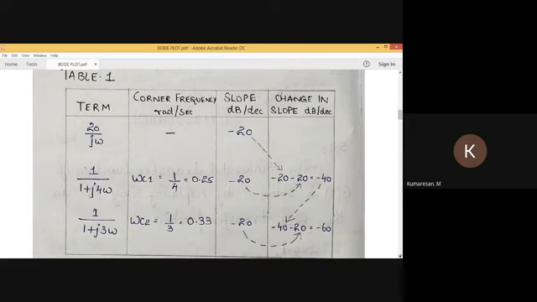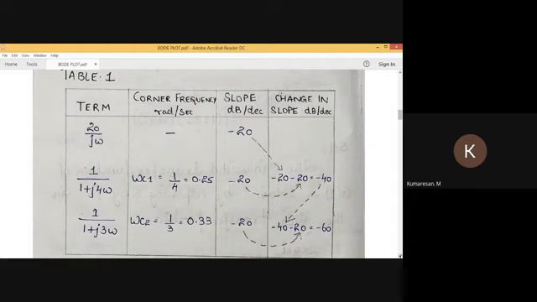Previous minus 20, present minus 20, so minus 20 minus 20 equals minus 40. So the slope change occurs after the second term, and the resultant slope is minus 40.